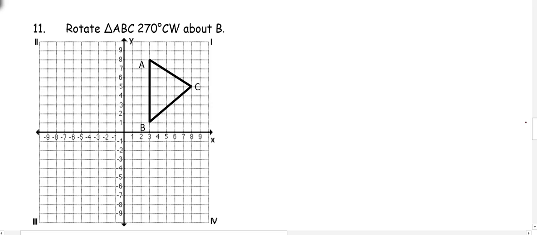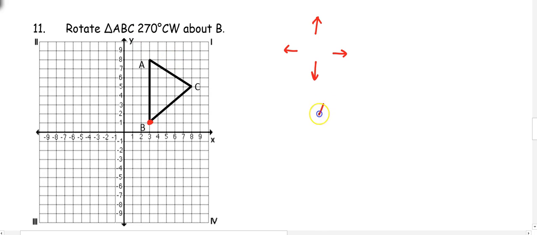Number 11, rotate ABC 270 degrees clockwise about point B. So point B is going to stay the same. Now we're going 270 degrees. So if I'm going to go 270 degrees, I need to make 3 different turns.